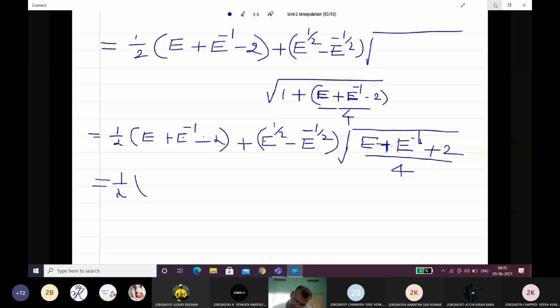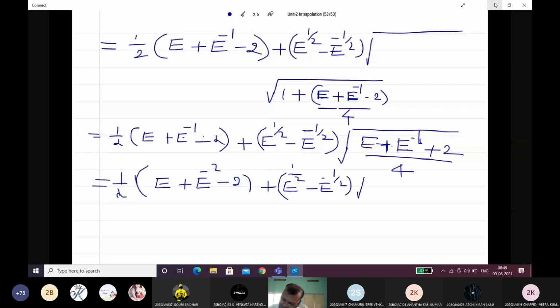e plus e power minus 1 minus 2 plus e power 1 by 2 minus e power minus 1 by 2 into root over this. You can write this one as e power 1 by 2 plus e power minus 1 by 2 whole square by 4.